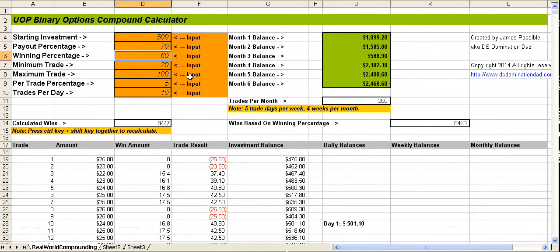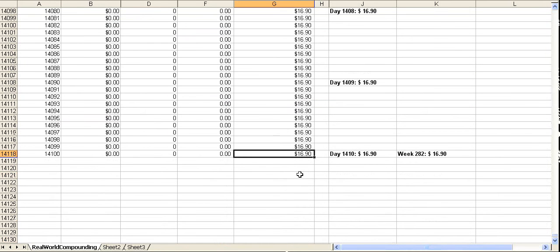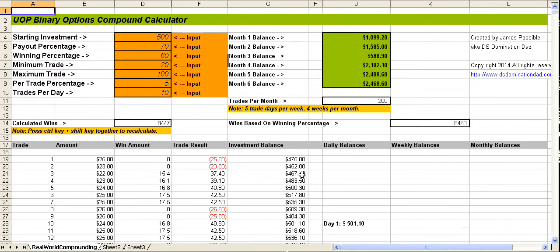Sure, is it possible that you won't end up with $16.90 by the end of the 15th month? Sure, it's possible. But what you've got to know is there's a probability based on numbers at 60% that you are going to have that kind of a challenge.